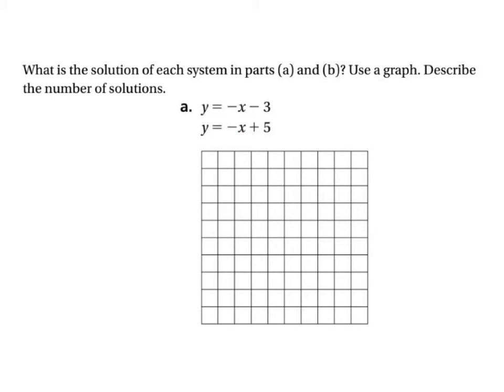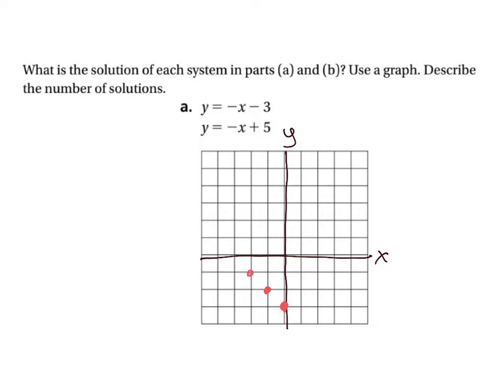All right, here's your next one. I'm going to go ahead and set up my x and y axis. So here's my y and here's my x. Try that again. So I'm going to start with my y-intercept at negative 3 and a slope of negative 1.